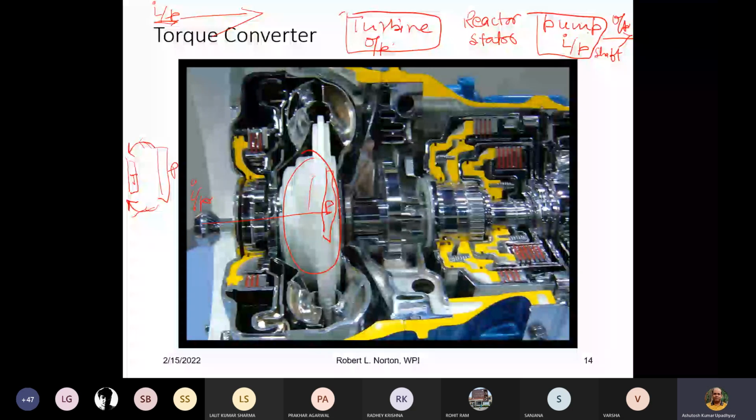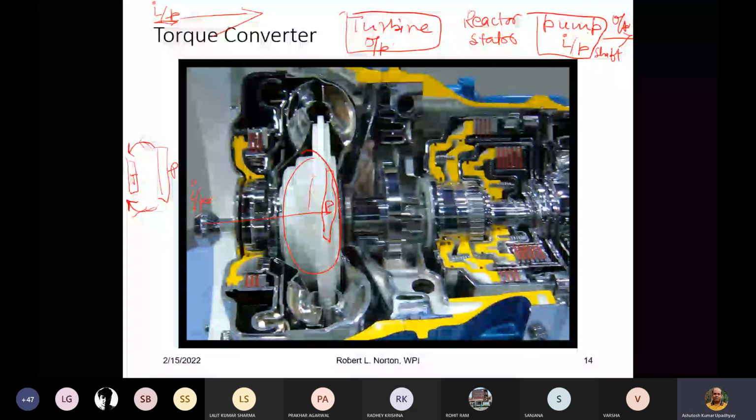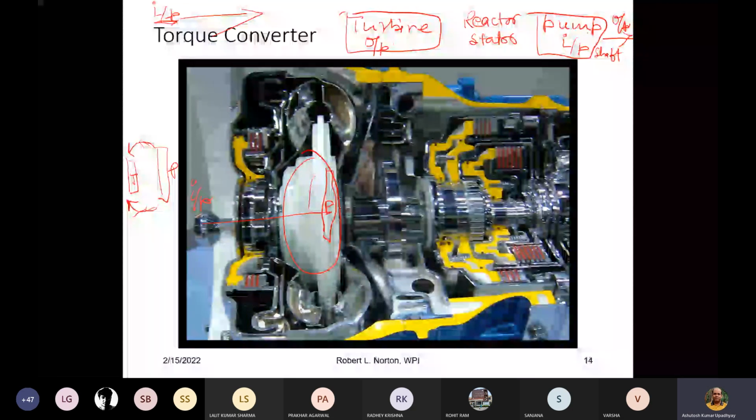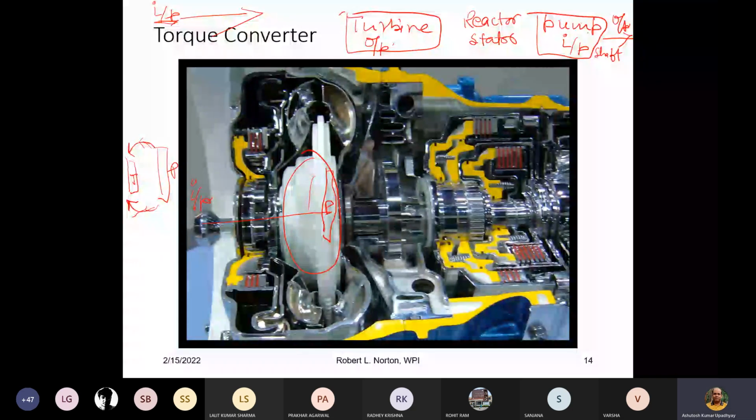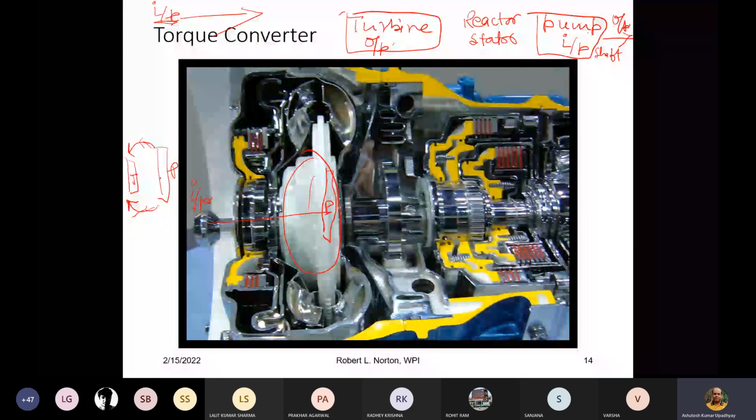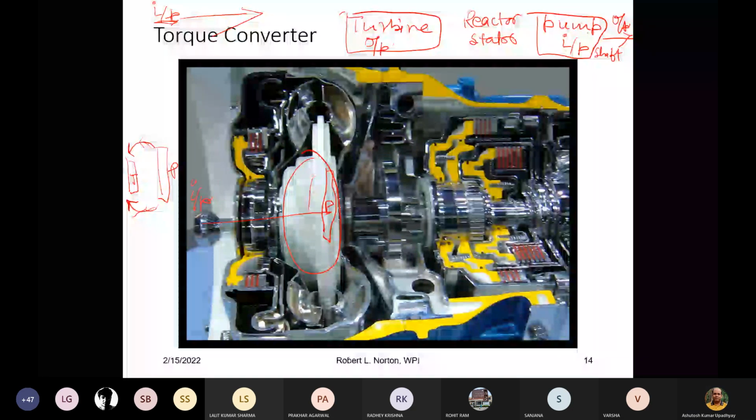Now the thing is that you are not pumping from outside; rather the fluid is completely sealed within this particular torque converter system. So whatever fluid is coming to this turbine has to go back to this centrifugal pump again. So there will be a system called a stator.